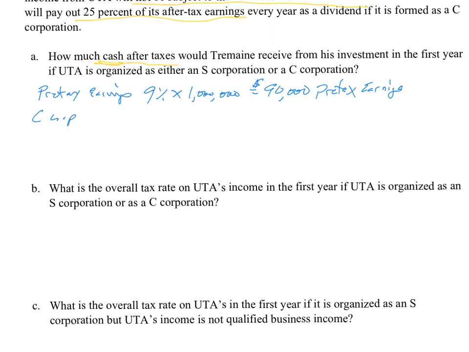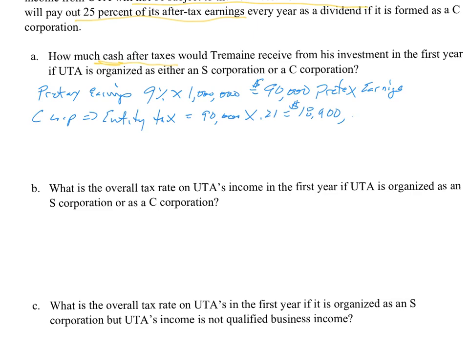All right, so a C corporation's tax rate is 21%. So the C corp entity tax equals this $90,000 times 21%, which gives us $18,900 of tax.